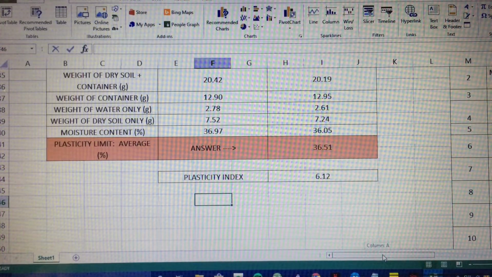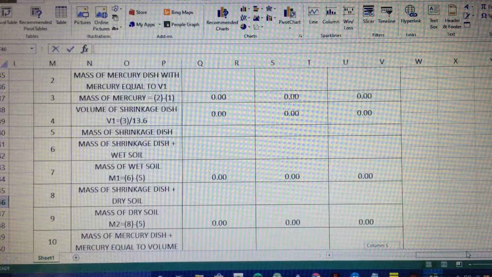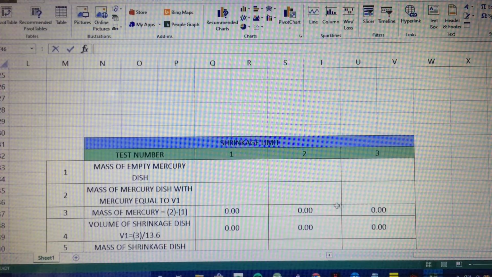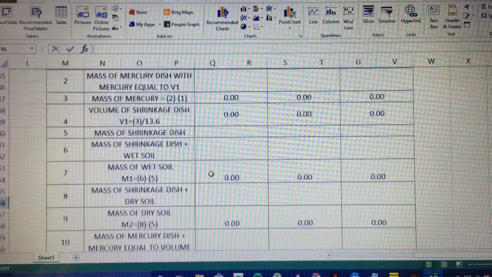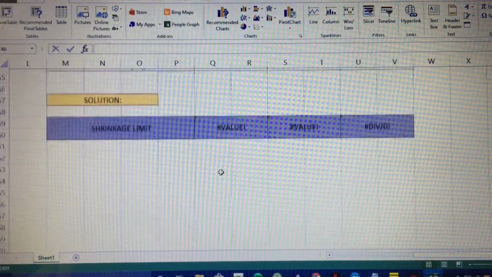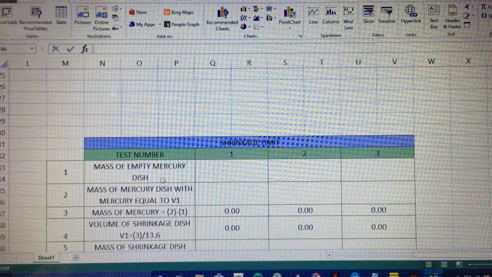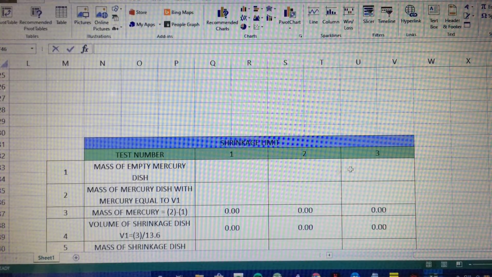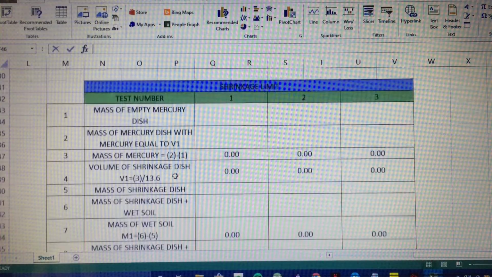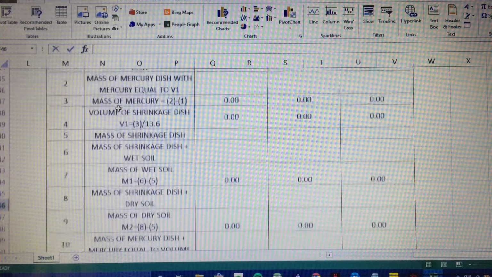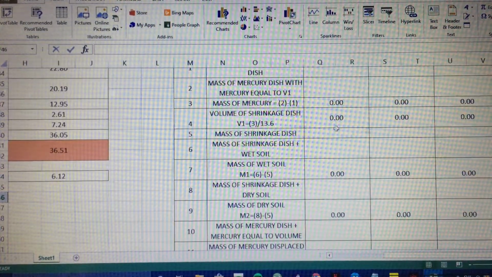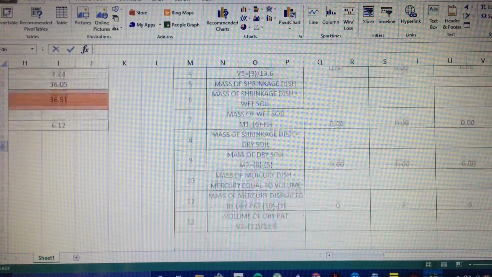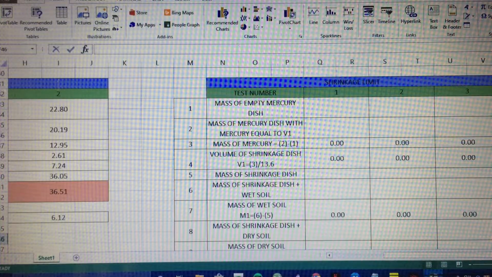Now, moving on dito sa shrinkage limit. Hindi na ako sa SIEVE nag-base. Kumuha na lang ako ng sample table sa internet. So, ito yung mga kailangan na given in order to get the shrinkage limit.